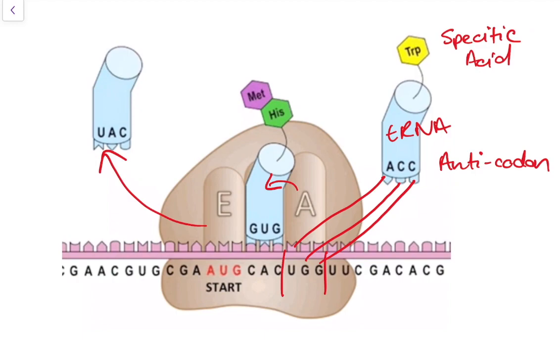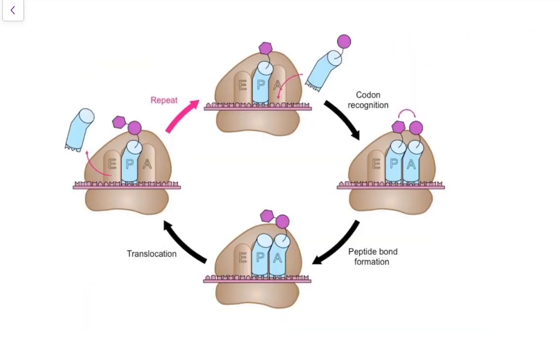And then we're going to repeat. So it's a series of repeated steps. As the new one comes in and binds, we then make a new peptide bond. In this step here, we can see that they're linked.